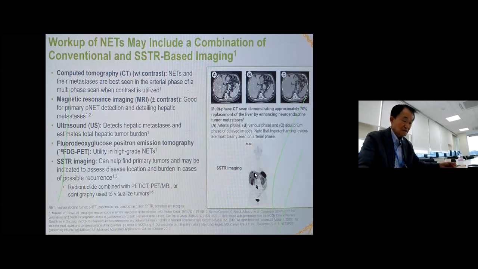If some lesions show response on follow-up, that's good, just keep going. But if many lesions, particularly big ones, are not responding to the Sandostatin on the images, then usually surgery is required. So our imaging guides certain specific management.